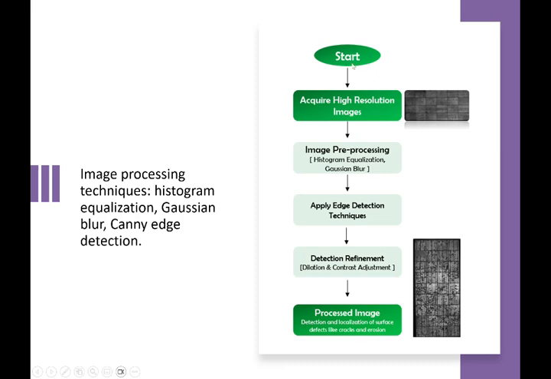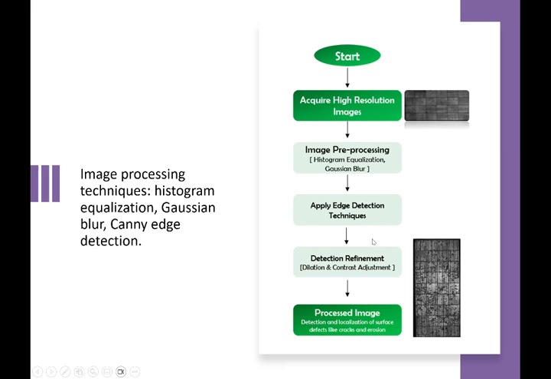So the methodology we opted for: start, acquire high resolution images. That means we can take the image of any solar panel via a high resolution camera. Then image processing, histogram equalization and Gaussian blur. These are the famous techniques, then we apply grayscale division and edge detection techniques.